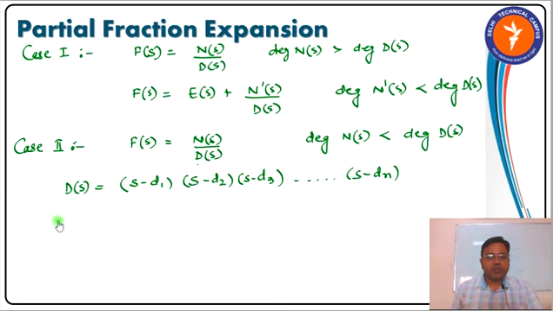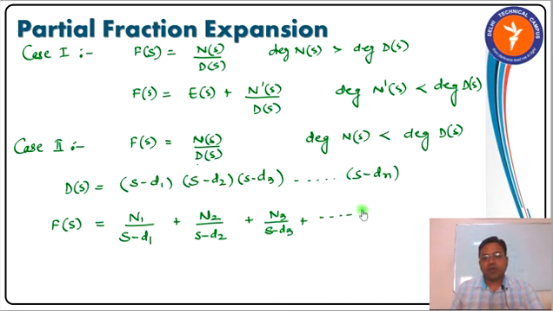In that case, we can decompose F(s) and write it as n1 divided by (s minus d1) plus n2 divided by (s minus d2) plus n3 divided by (s minus d3) plus, and so on up to nn divided by (s minus dn), where n1, n2, n3 and nn are the residues of d1, d2, d3 and dn.